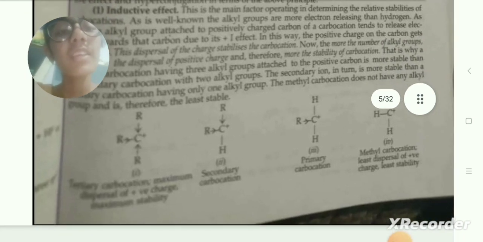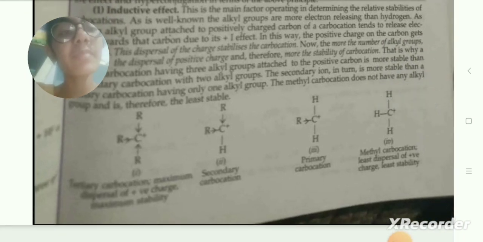This is why the tertiary carbocation, having three alkyl groups attached to the positively charged carbon, is more stable than the secondary carbocation with two alkyl groups. The secondary ion is in turn more stable than a primary carbocation, which has only one alkyl group. The methyl carbocation has no alkyl groups and therefore is the least stable, less than the primary carbocation.